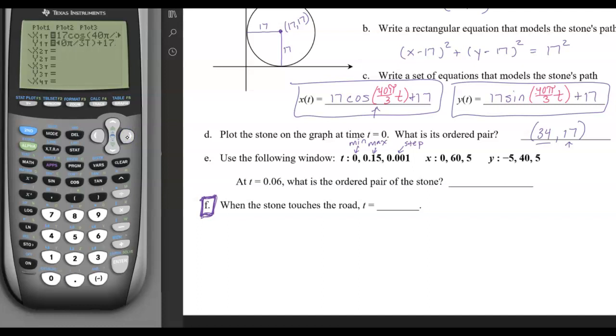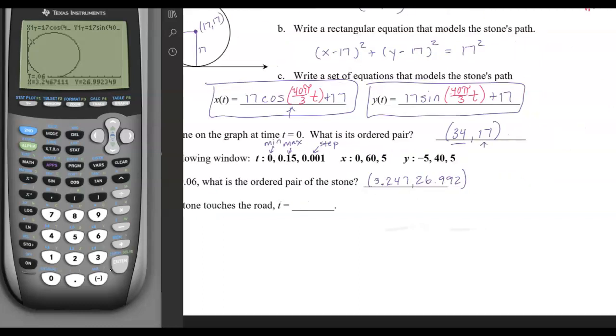Then it wants us to find out, at time equals 0.06, what is the ordered pair for the stone? If we're looking at our table, it does not give us decimal inputs for t. So what you have to do is hit second calc to calculate the value when t is 0.06. And you get 3.247, 26.992.